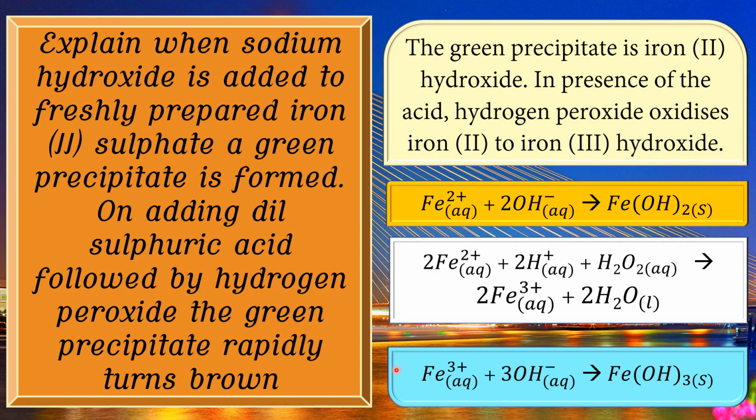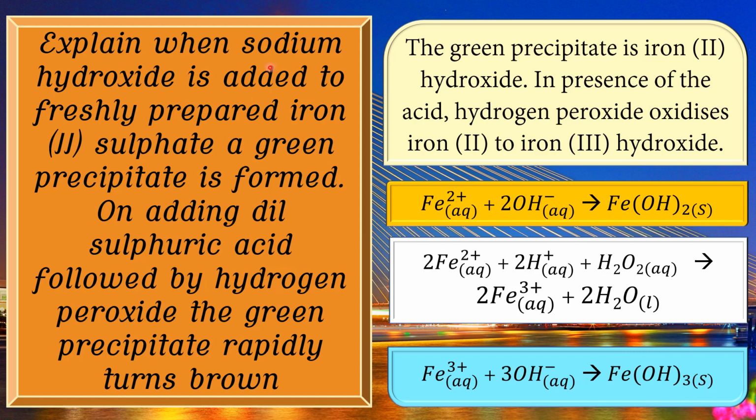So iron 3 reacted with hydroxides to form iron 3 hydroxide, which is a brown precipitate.